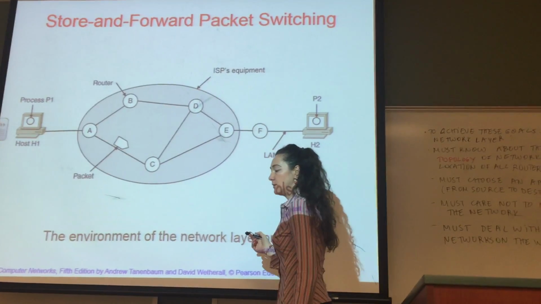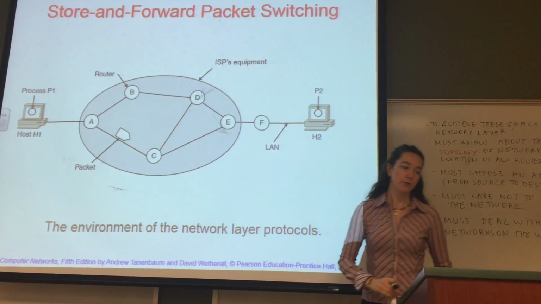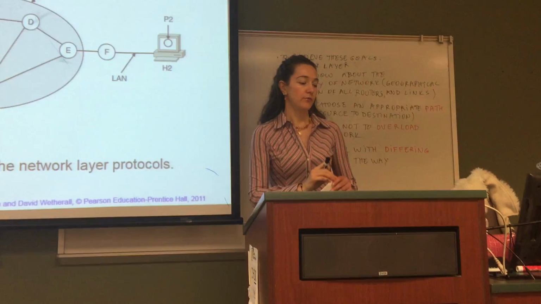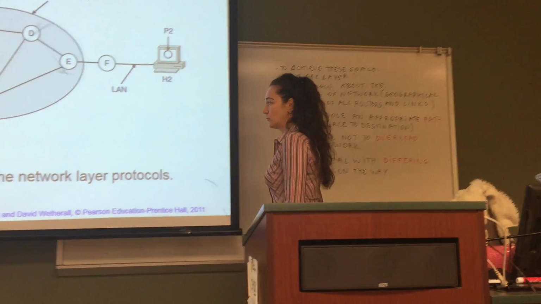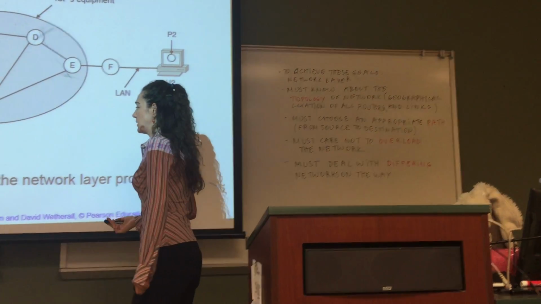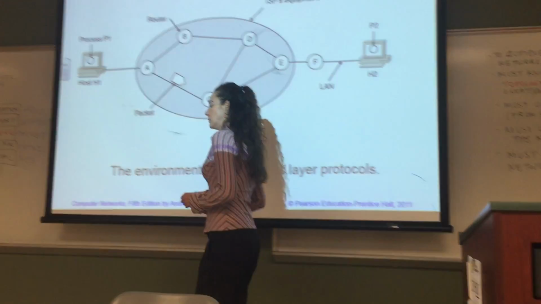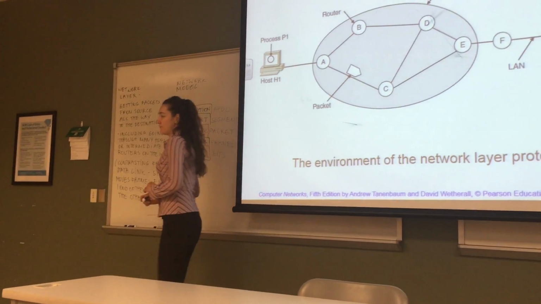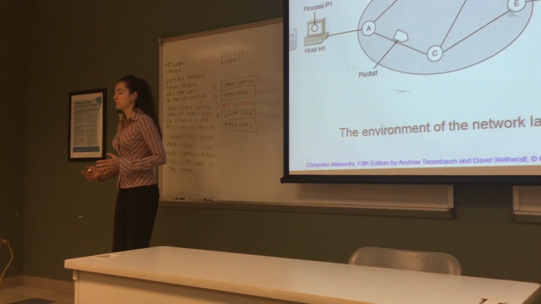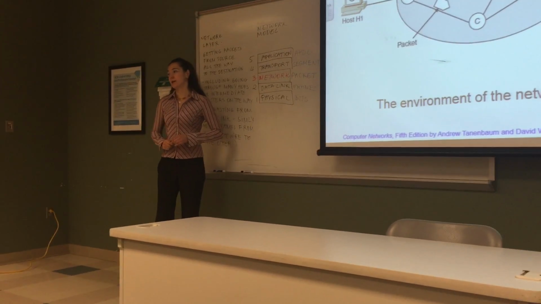So this means if one of the networks in between had a maximum transfer unit set much lower than the network where the packet was sent from, this means that the packet might be too big to pass through that network.